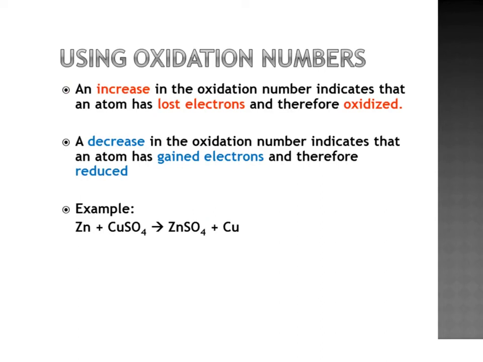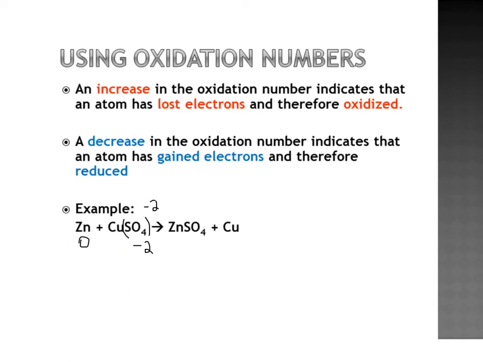If we take a look at the oxidation numbers in this example here, zinc would have an oxidation number of 0. Let's work through this. So the oxygen would be a negative 2. The sulfate polyatomic we know has to have a negative 2 overall.